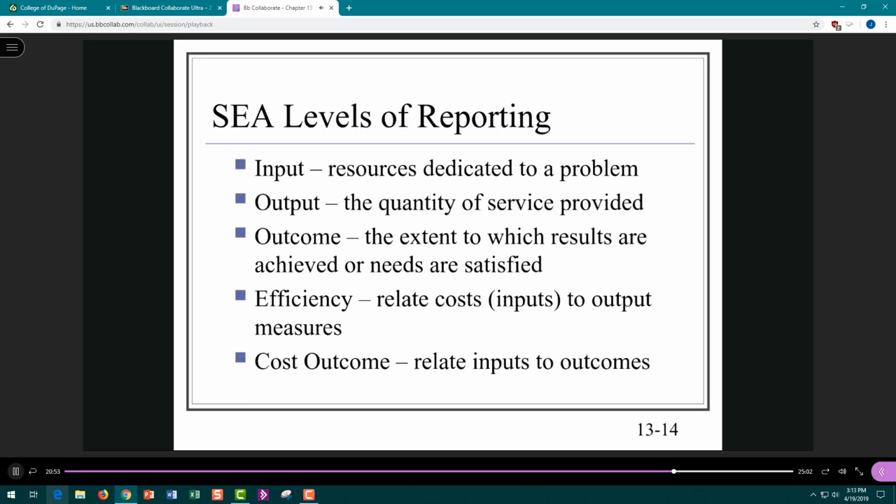Then you have output, which is the quantity of service provided. So it's not talking about the quality or whether results are being achieved, it's what's being generated by the entity. So it could be such a thing as enrollment at an institution or the degrees conferred, in the sense that these are not necessarily clear reflections of how well the organization performs.